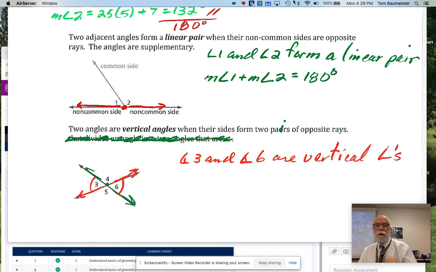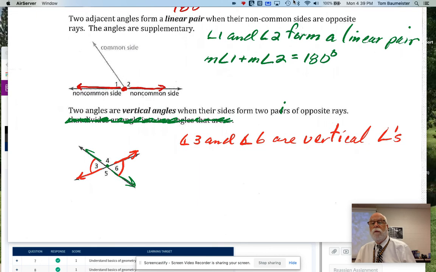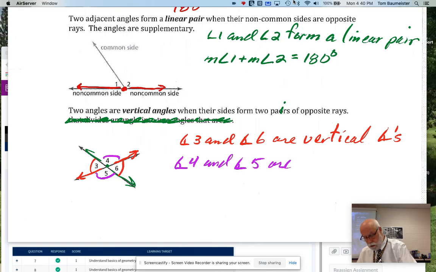And every once in a while, instead of writing the word, ladies and gentlemen, I'll just use a symbol. I noticed I was running out of room there, so I just use this symbol for angles. And I'll do the same for the other two, because again, we should always have two pairs when there are intersecting lines. So our other ones are here, 4 and 5. So we can say angle 4 and angle 5 are vertical angles.